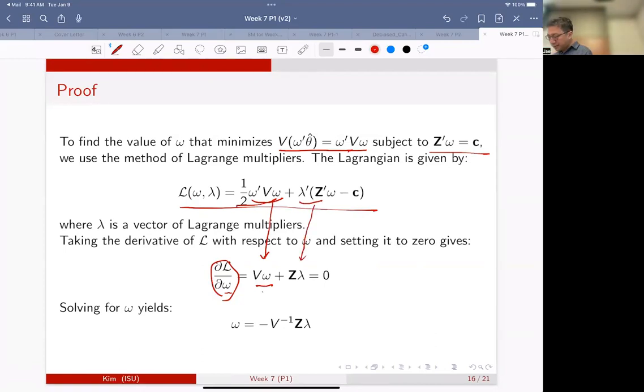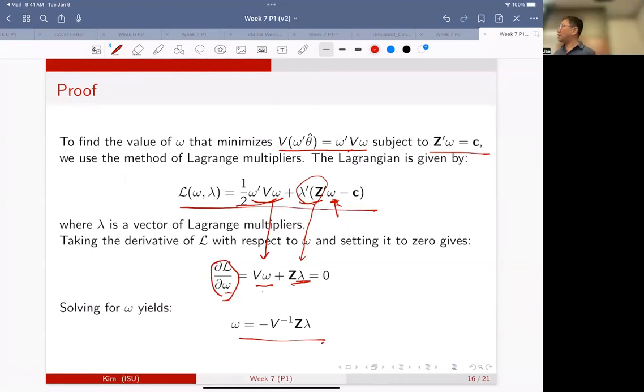Right? Because omega is a column vector, that means this is a row vector. But the derivative should be a column vector, right? So that means this row vector should be transposed to become a column vector. So that's why you get this one. And so that leads you to have this form.